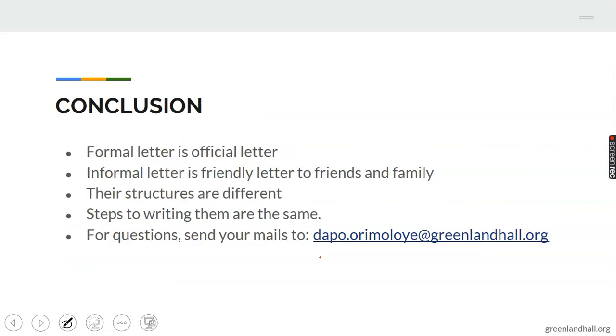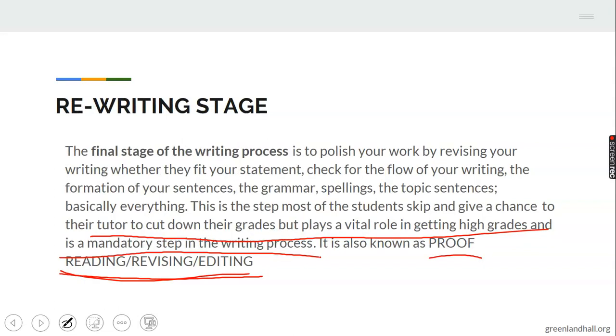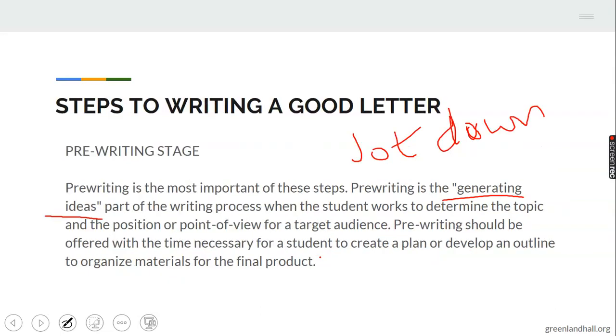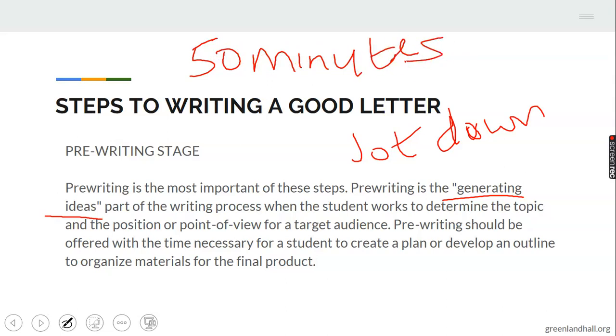And lastly, before I go to the conclusion, every good letter exam gives you 50 minutes to write. In every exam, you have how many minutes? 50 minutes.